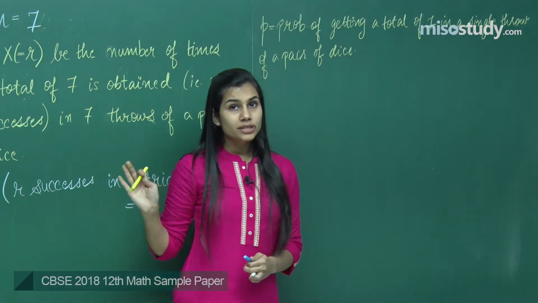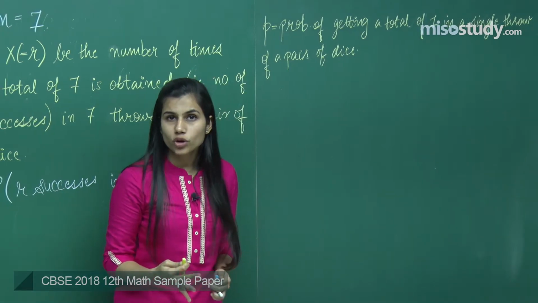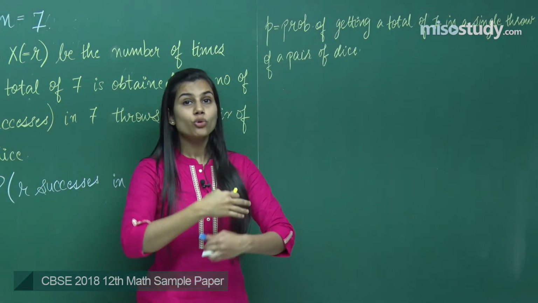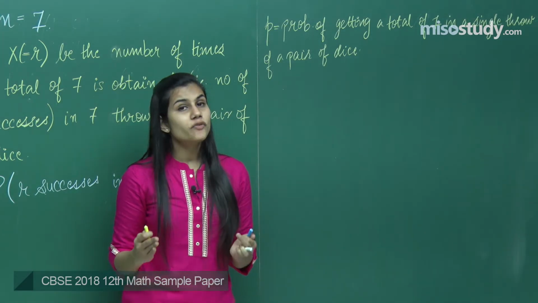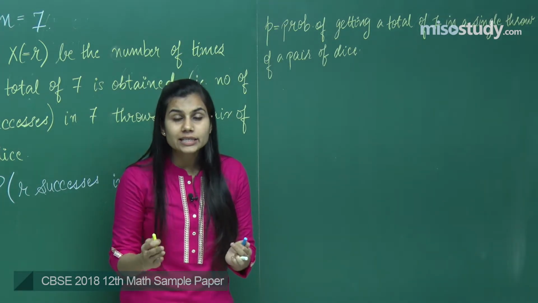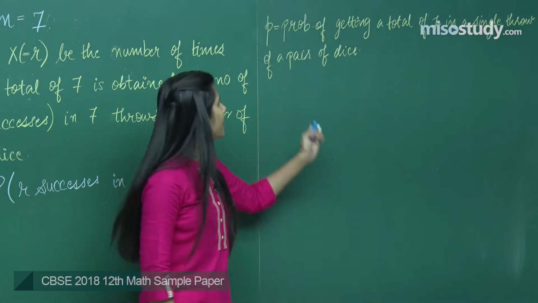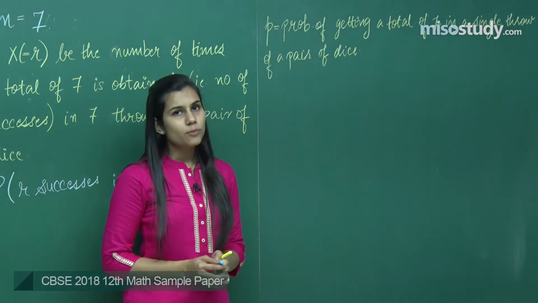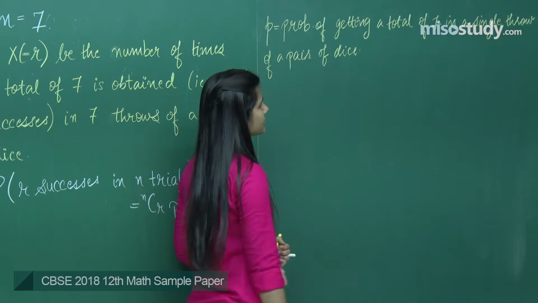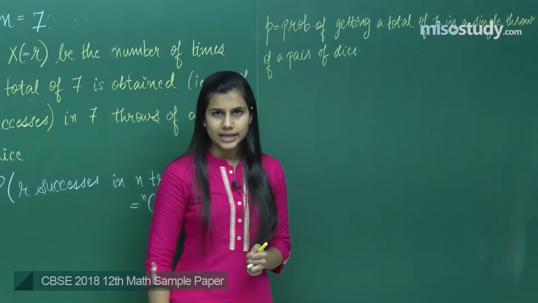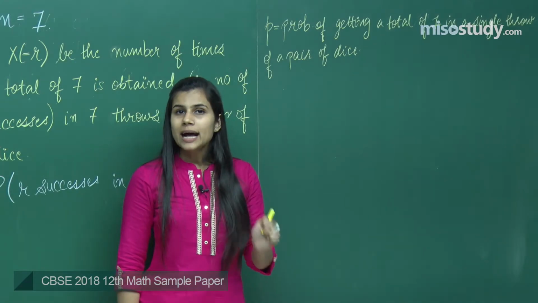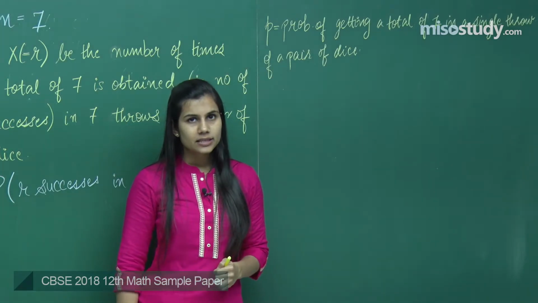Over here I am interested in how many times I get a total of 7 when a pair of dice is thrown 7 times. For that, what you need is the probability of getting a total of 7 when a pair of dice is thrown just once, and that is going to stand for small p. So what is the sample space when you throw a pair of dice once?